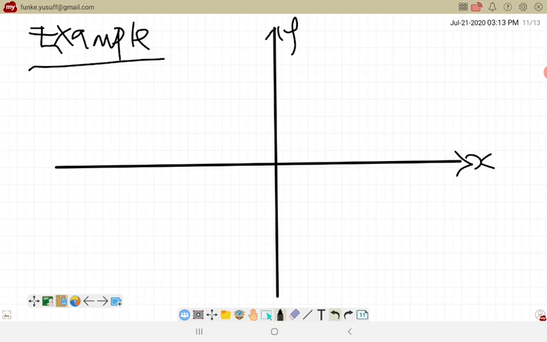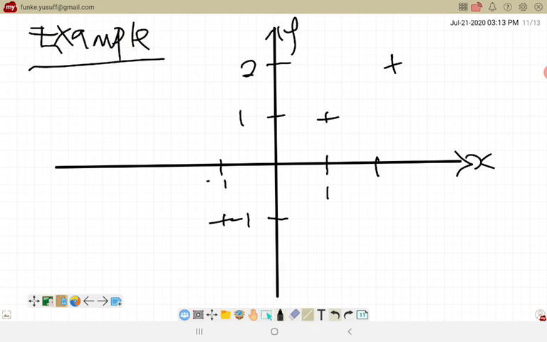Okay, so let's consider this graph with the points (1, 1), (3, 2), (2, 2) and another point (-1, -1).